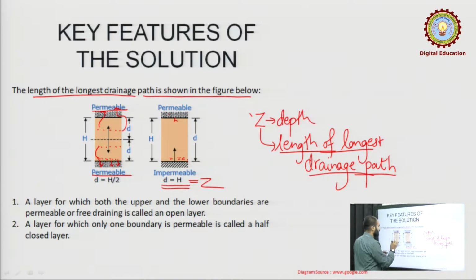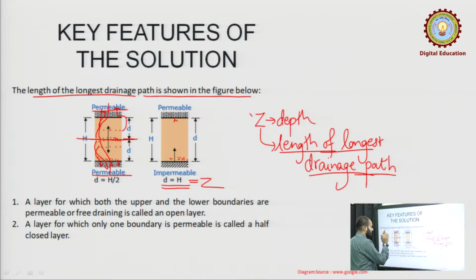Maximum time will be taken by the particles in the middle of the whole arrangement. These particles will go from here and these from here, because both layers are permeable, so they have the choice to go like this as well as like this.